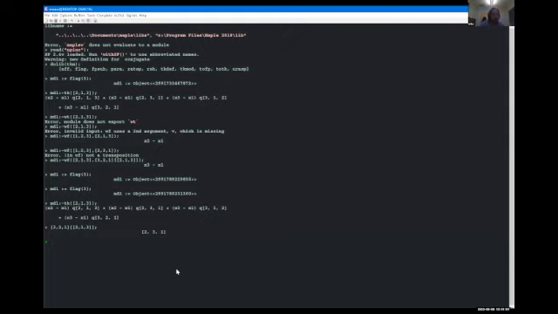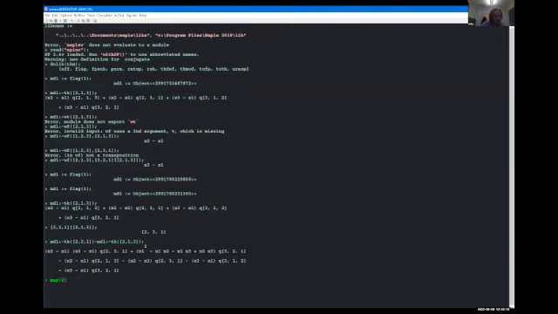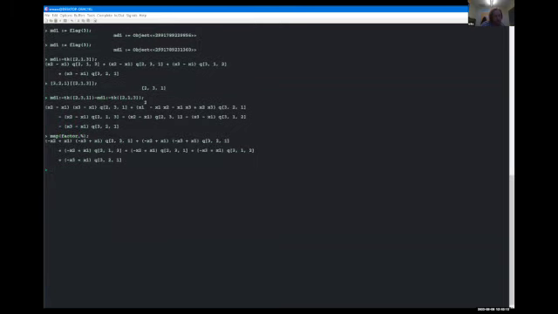I'm going to show you that the GKM relation is satisfied. So if I take the module and I subtract these two guys, and then I factor the terms.